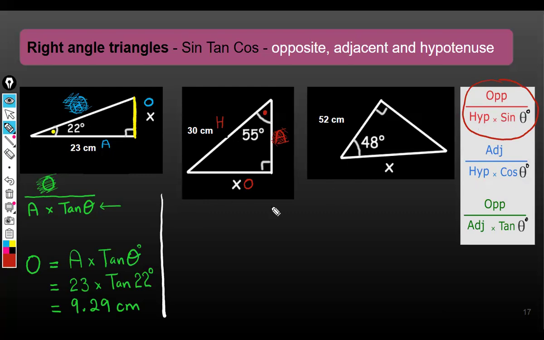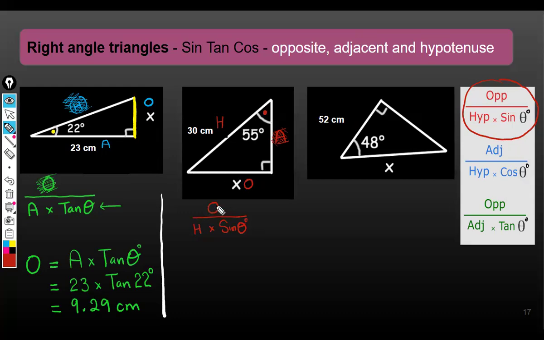His name is sine. So everyone write it back. O is hypotenuse multiplied by sine theta, right? So it just so happens in this question, we want to find the opposite side again, because x is what? The opposite.